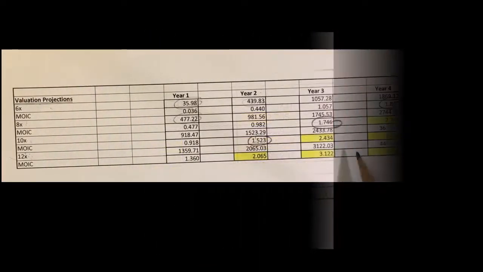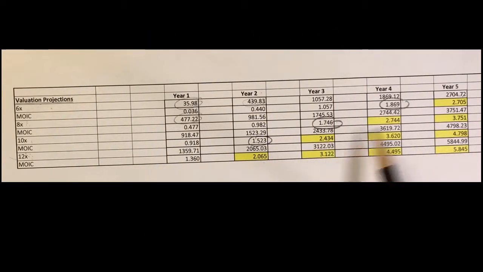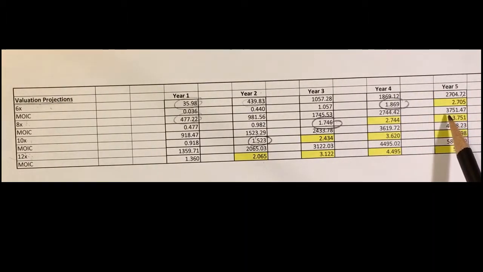So the question is, if these are the scenarios where the exit meets our return requirements as investors, what does it tell us? Well, it tells us that even in a down market, call it 8, as long as we meet our projections, we're going to do exactly what we hope to do, right?